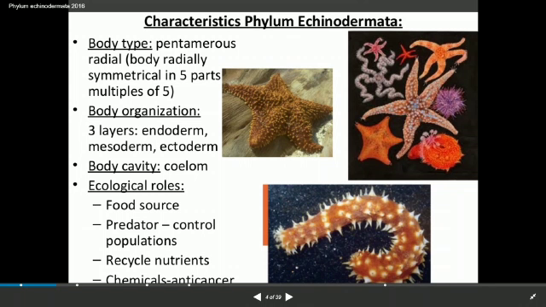According to their body organization, they are known as triploblastic animals because they have 3 germ layers in their embryonic life, named endoderm, mesoderm, and ectoderm, and their body cavity is a coelom. Actually, they are coelomate animals with distinct oral and aboral surfaces.